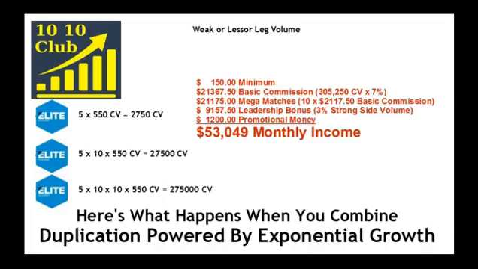Now that is both financial independence and financial freedom. And somewhere between $5,700 on a monthly basis to $53,000 on a monthly basis, you have created the ability for that person to have both financial independence and financial freedom.